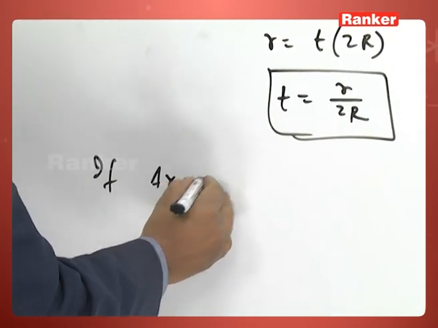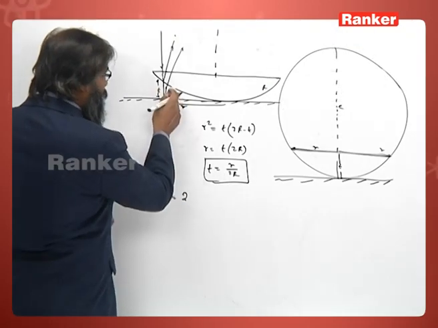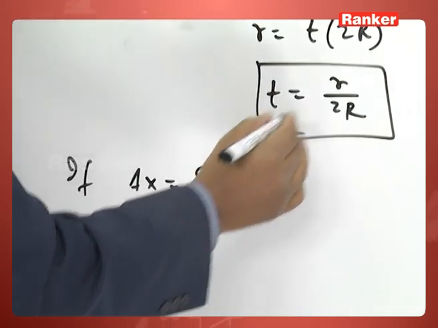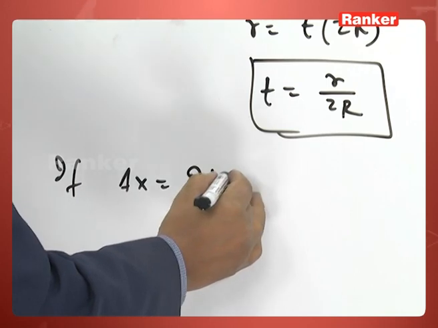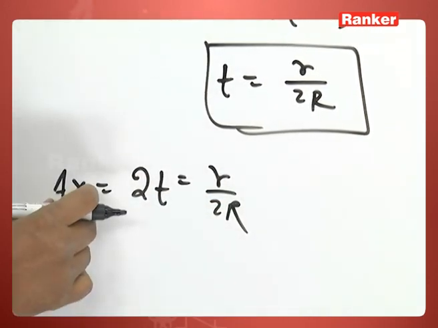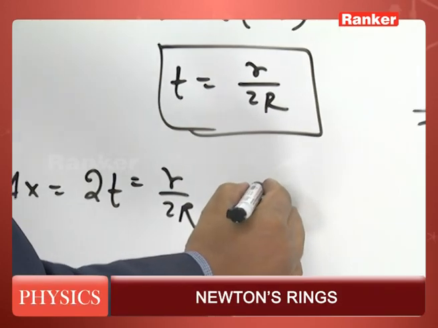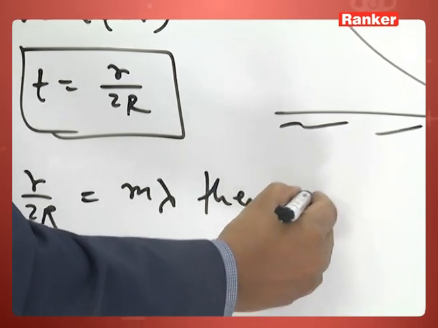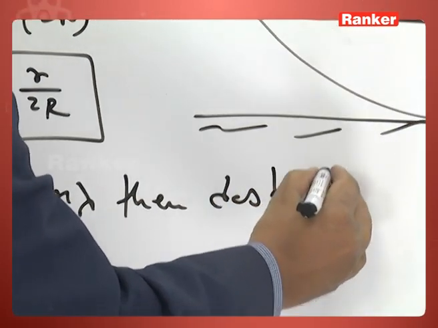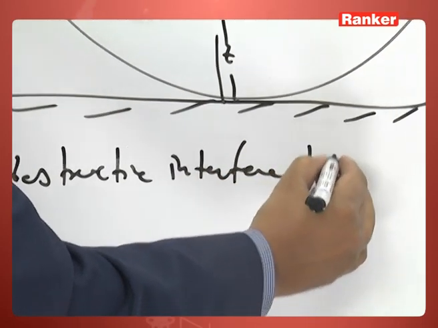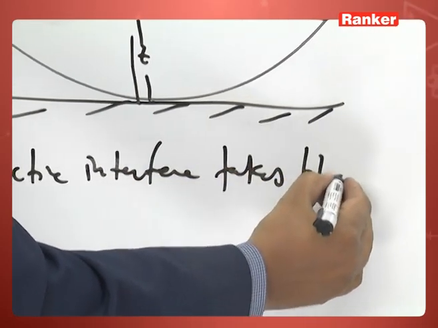Delta x is equal to 2 mu t, and air has refractive index 1, so simply 2t, that is equal to r square by R. If delta x is equal to m lambda, then destructive interference takes place.